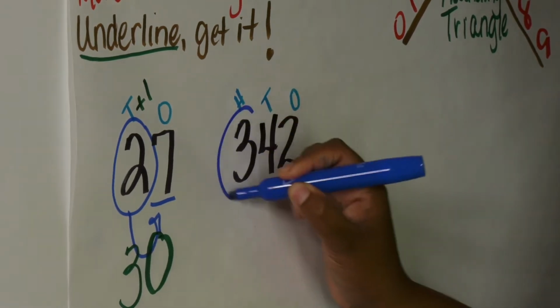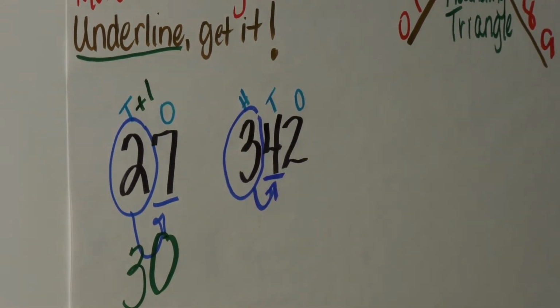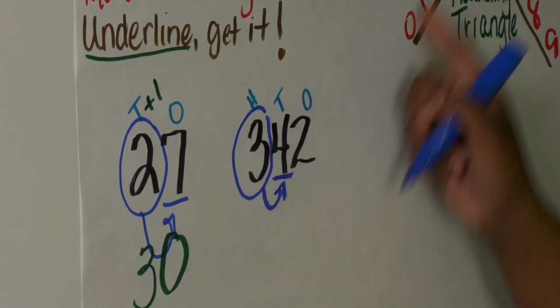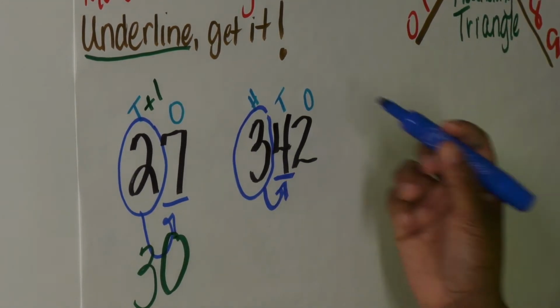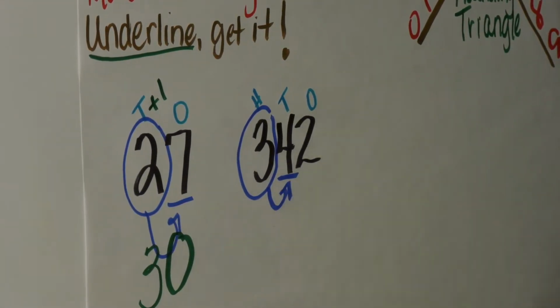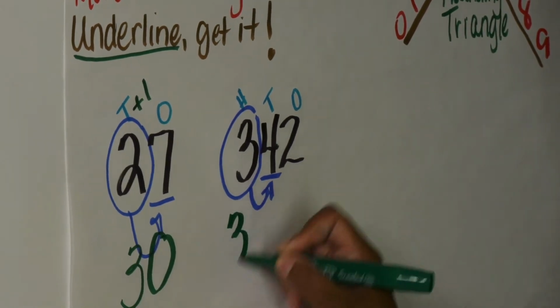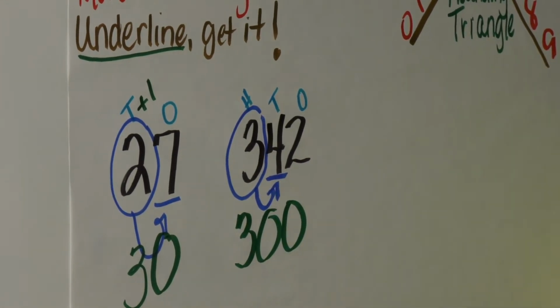And the digit that's in the hundreds place is a 3. I'm going to move to the right. And the 4 is my underlined digit. The 4, according to my rounding triangle, tells us to stay the same. So we're not going to do anything to that 3. That 3 is going to remain the same. Bring it down. Anything after the 3 turns into a 0.